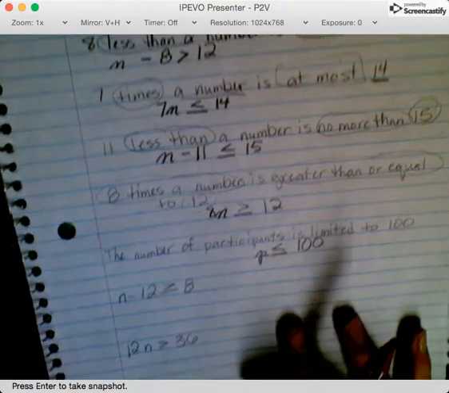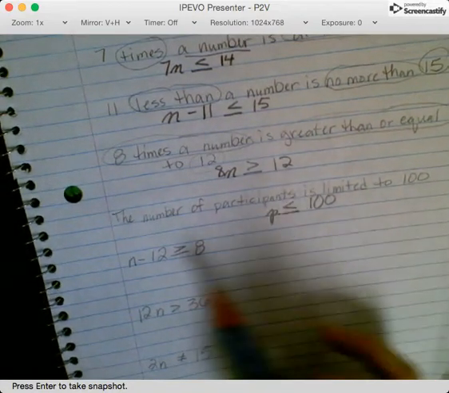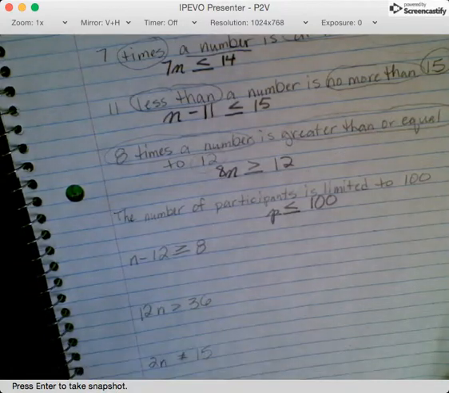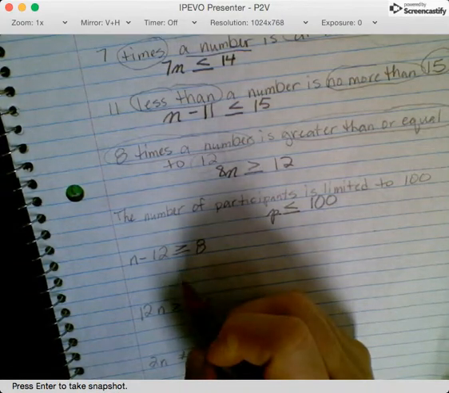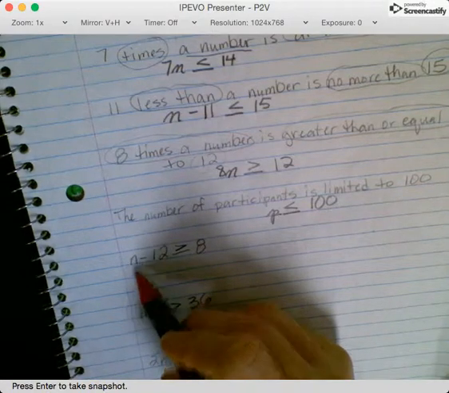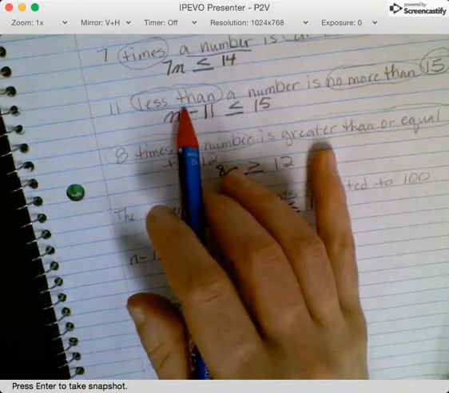Now let's go backwards. So this time we have numbers and operations, but we need to put it into words. So this one I could say n minus 12, but I'm going to use the less than.